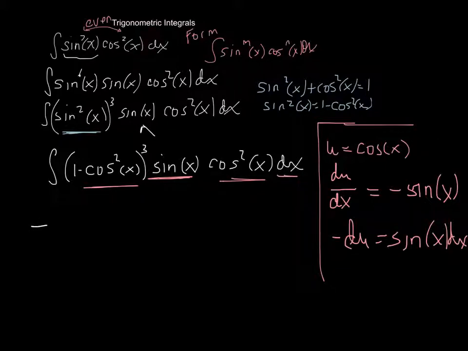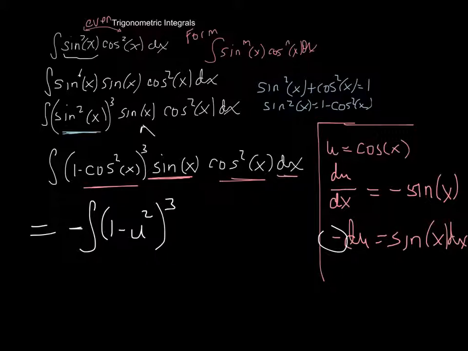So this is going to equal, I'm going to throw this negative out front, don't forget about it, the integral of 1 minus, my cosine is u, but I still have to square it, and make this to the 3rd power. This cosine squared is u squared, and then my sine x dx becomes that negative out front du.